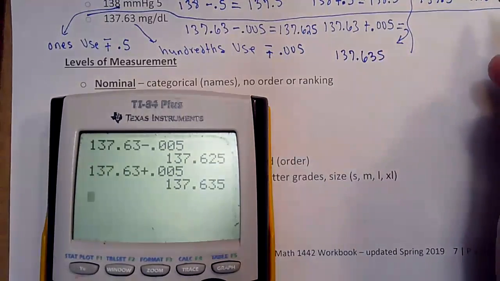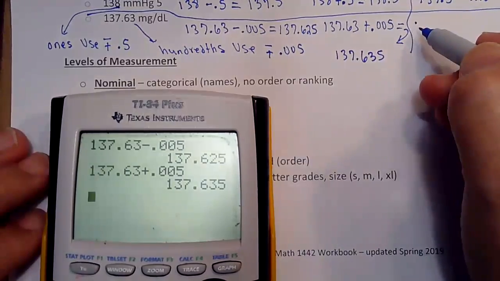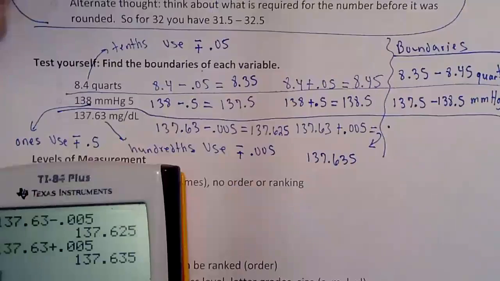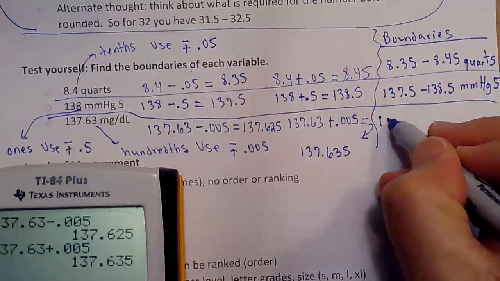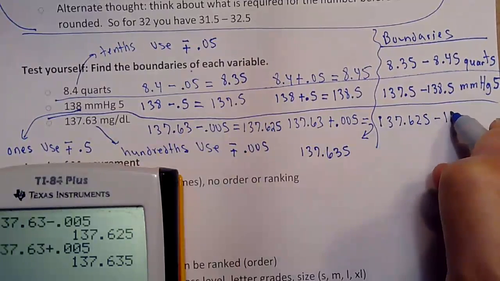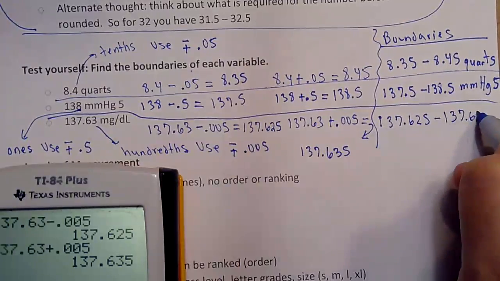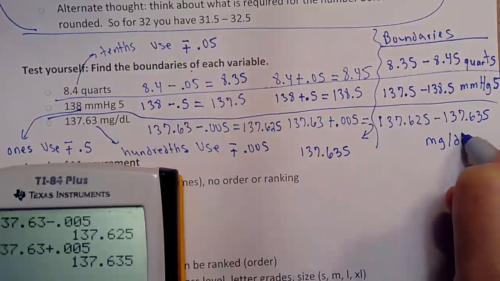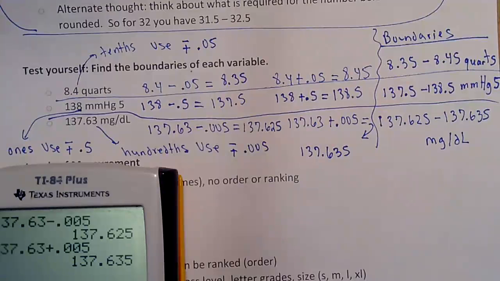Okay, and then when I write that out, smaller one first, then the larger one, and then our units. Okay. All right.